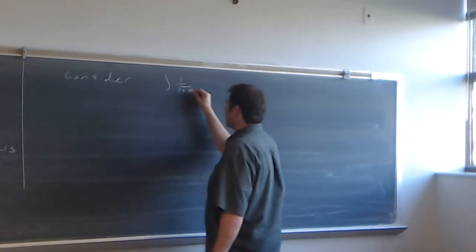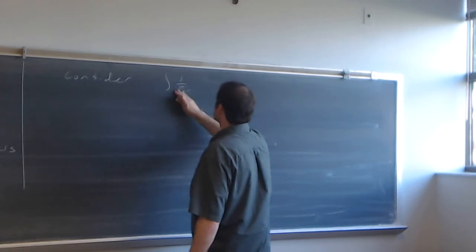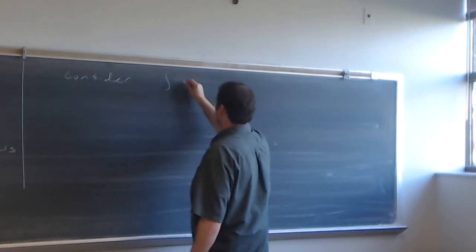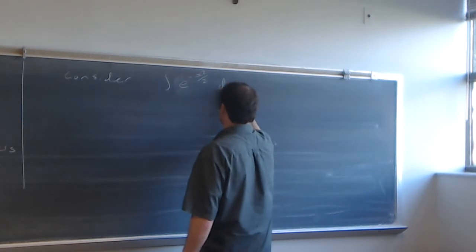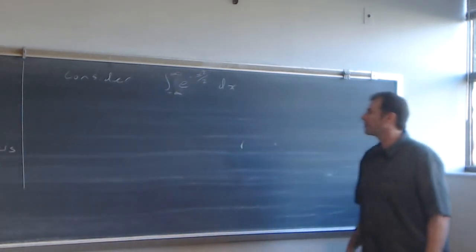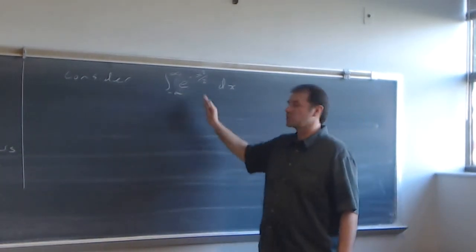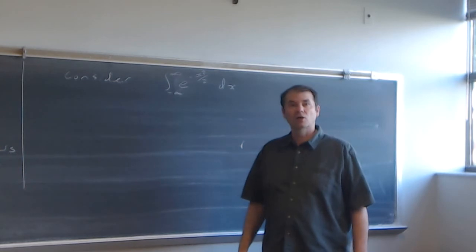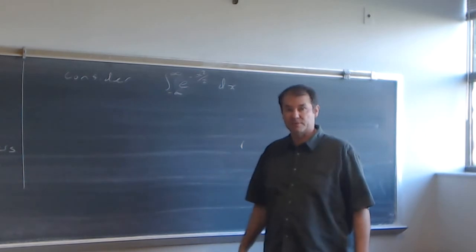First of all, let's just look at this integral: e to the minus x squared over 2 dx, from minus infinity to infinity. This is not a function for which we have a closed form for the antiderivative, so we can't easily use the fundamental theorem of calculus to compute this.